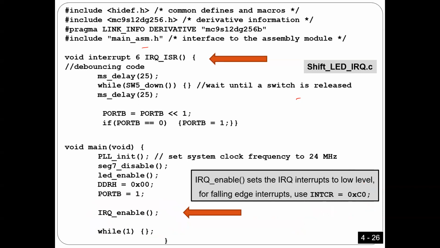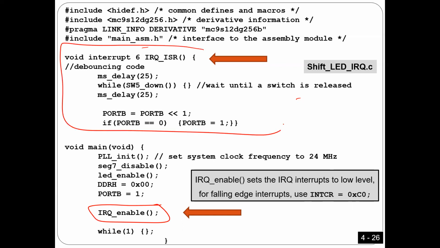Now I'm done. All you have to do is use this one, guys, to configure and enable IRQ interrupts. Also, you have to use this one here for interrupts, as I told you, just number 6 for IRQ.